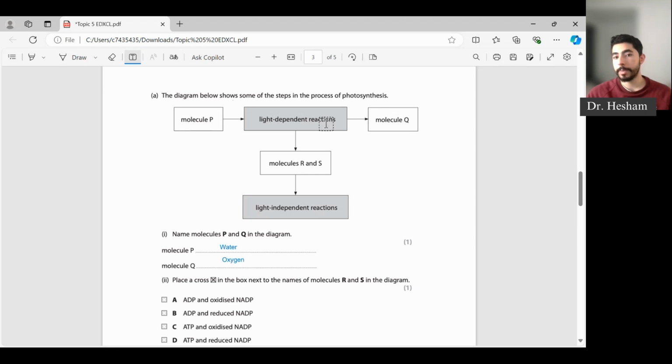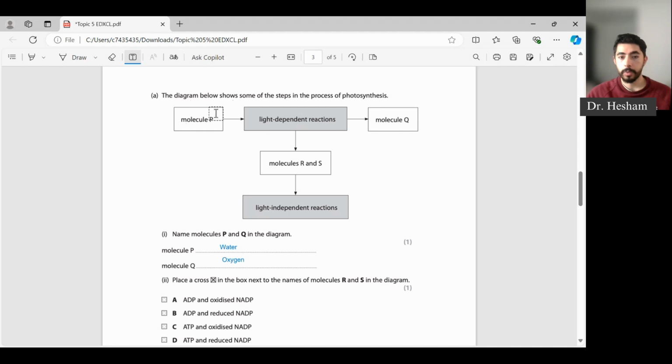Molecule Q is coming out of the reaction, but is not being used in the light-independent reaction. So molecule Q is probably used for something else or released out of the plant. Whereas molecules R and S are used in the light-independent reaction.